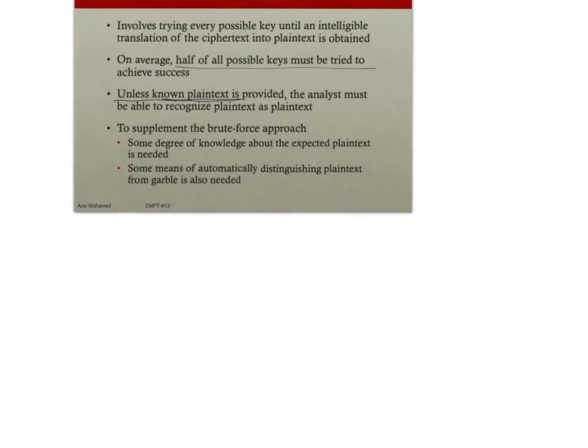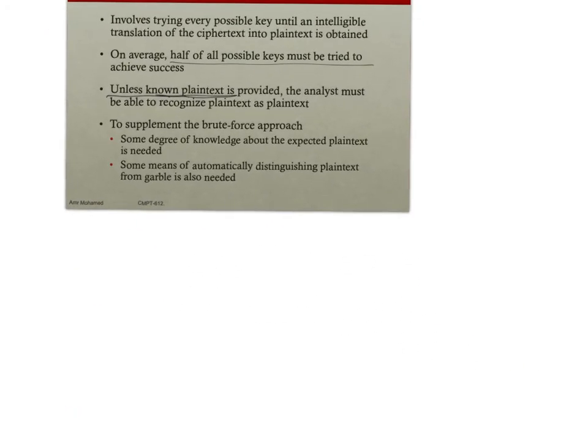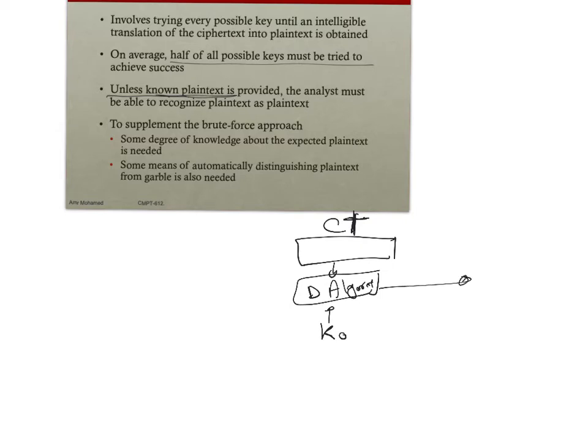Basically what happens is that if the attacker has the ciphertext, the attacker can guess the key. So this is key 0, and then from the key and the ciphertext we should have the decryption algorithm, and then we get the plain text. If that key is correct, the plain text will have proper structure, like for example, my name is Amr.